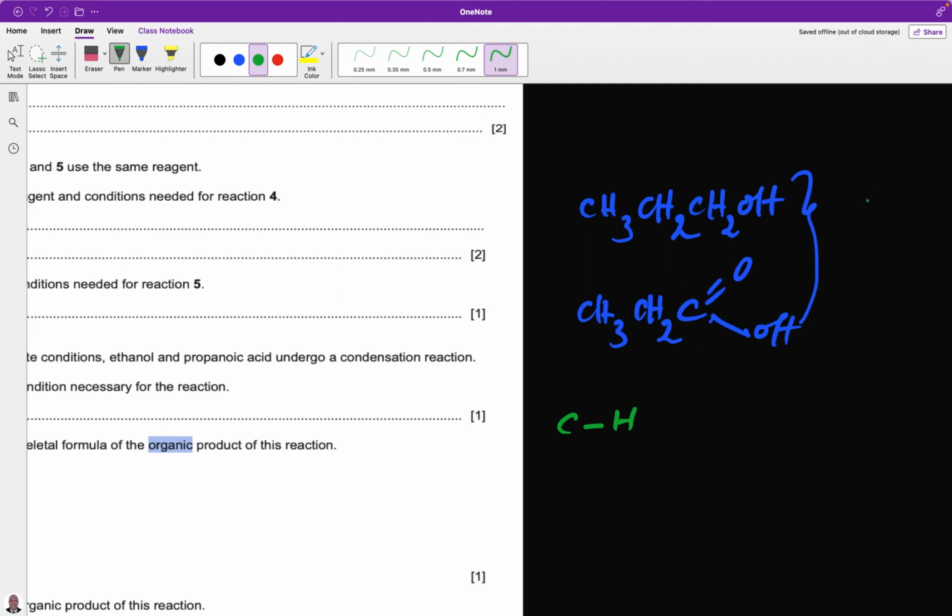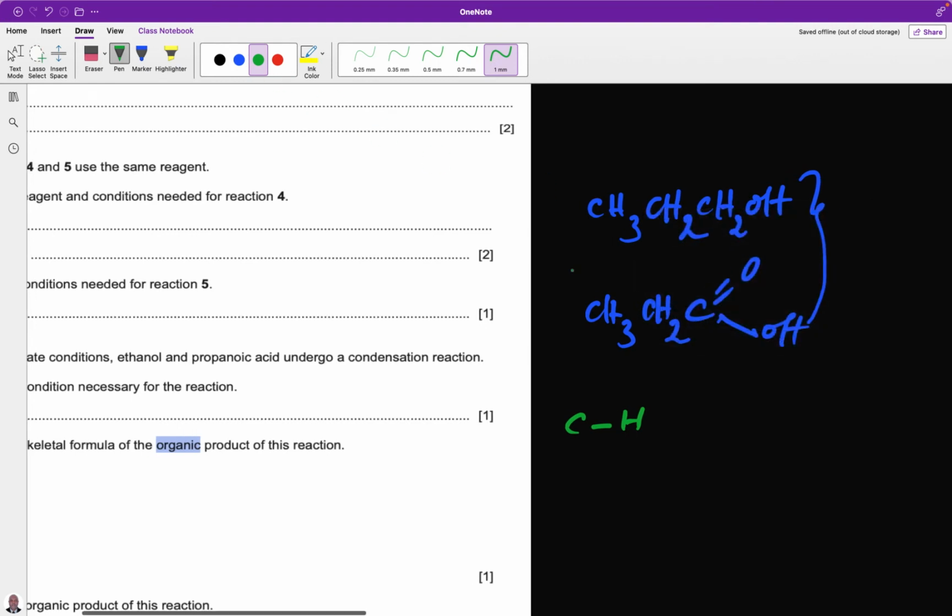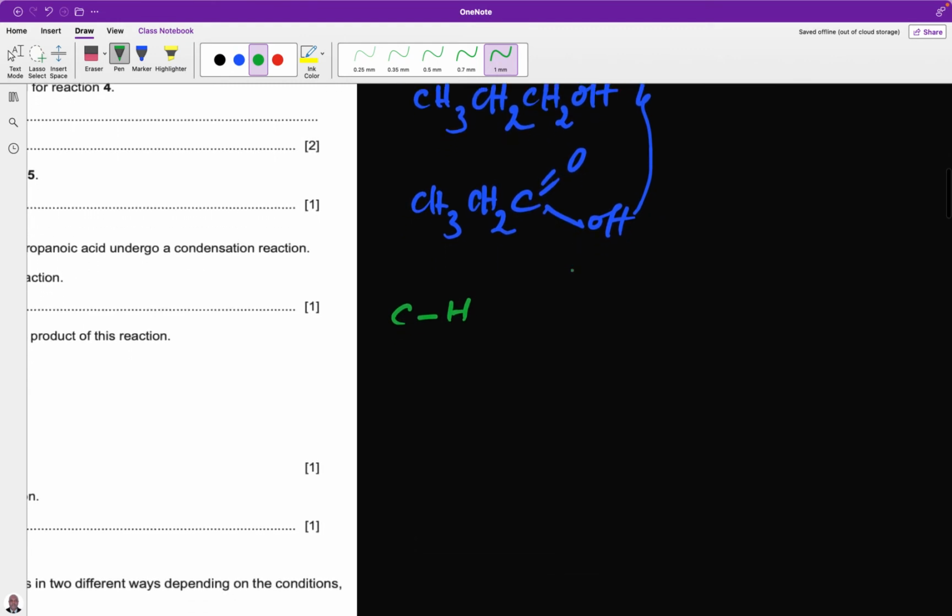Propanoic acid, if you look at it critically, the acid and the alcohol. What is the difference? The acid will have the carbonyl group. It is absent in alcohol.